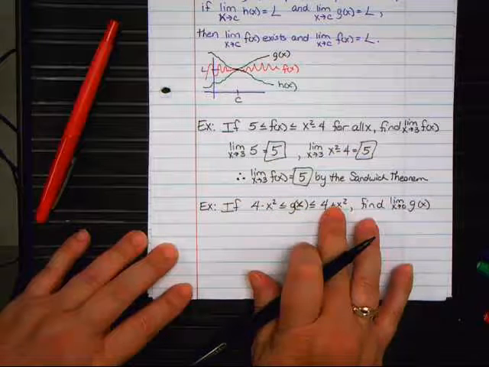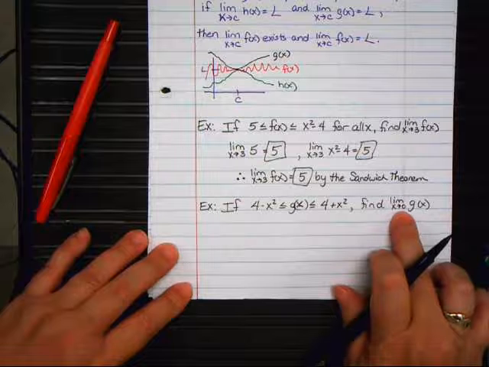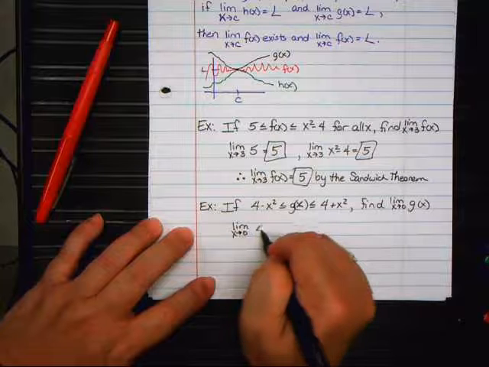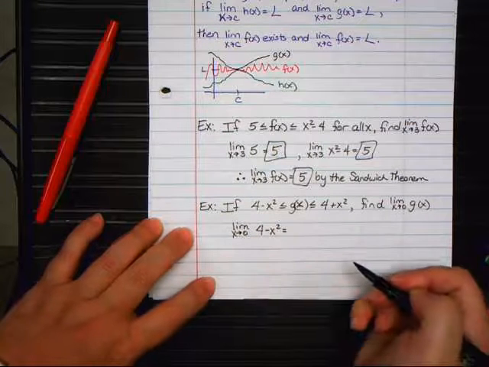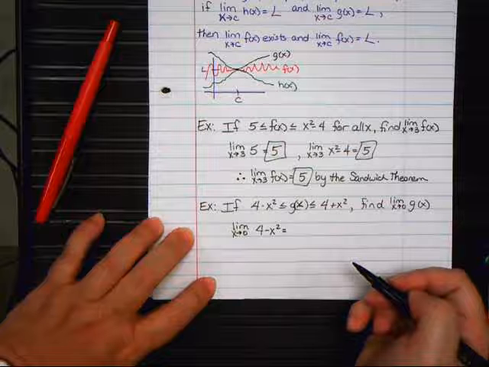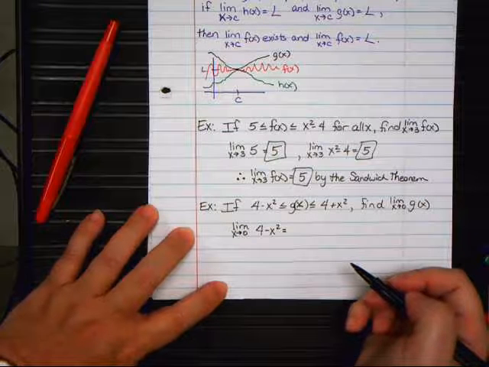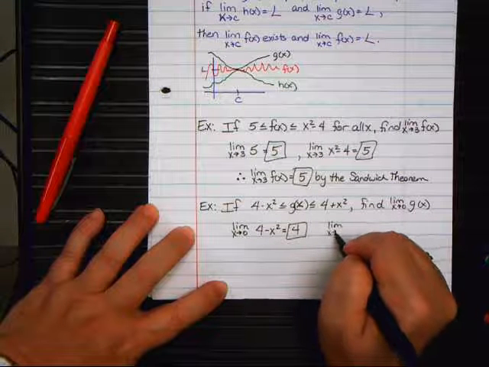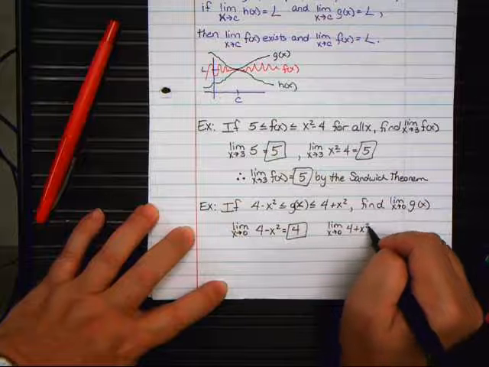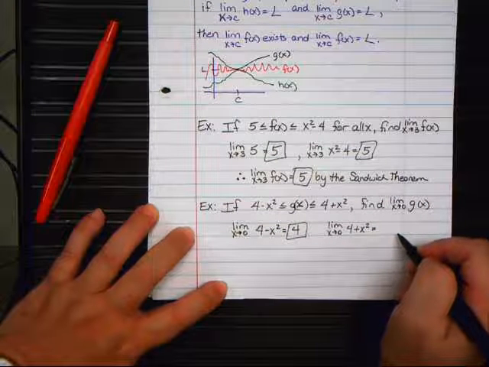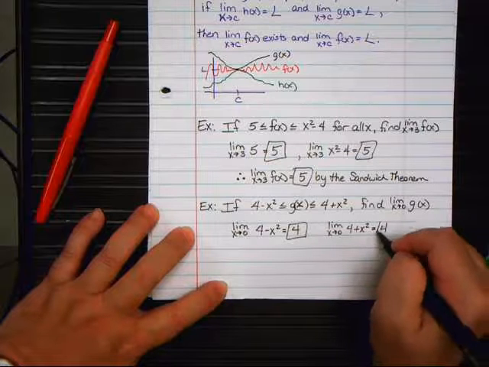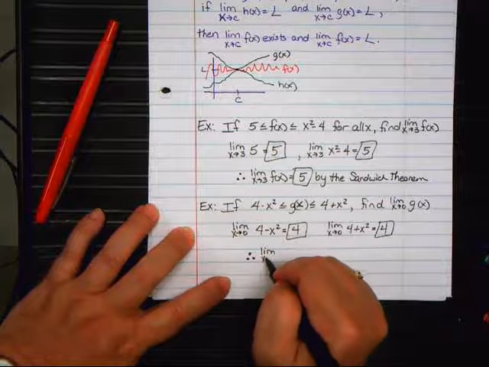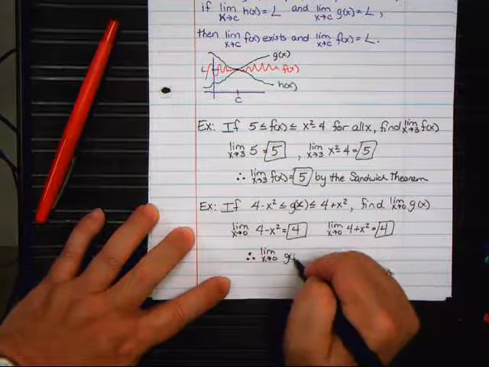So we're going to check the limit of these two and see if they're the same at 0. So we'll do the limit as x approaches 0 of 4 minus x squared. What is that limit going to be? 4. And the limit as x approaches 0 of 4 plus x squared. 4. That's 4 also. Therefore, the limit as x approaches 0 of g of x.